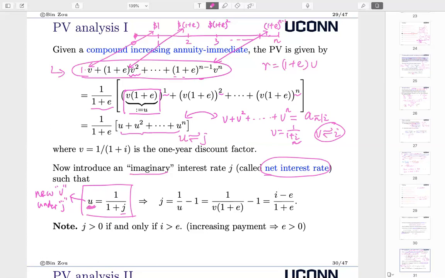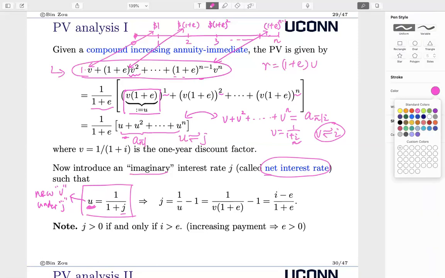Okay, with that in mind, this whole thing becomes the annuity immediate of n years. But now let me write it in a different color. Right. So here is the special place at the new interest rate. Okay.